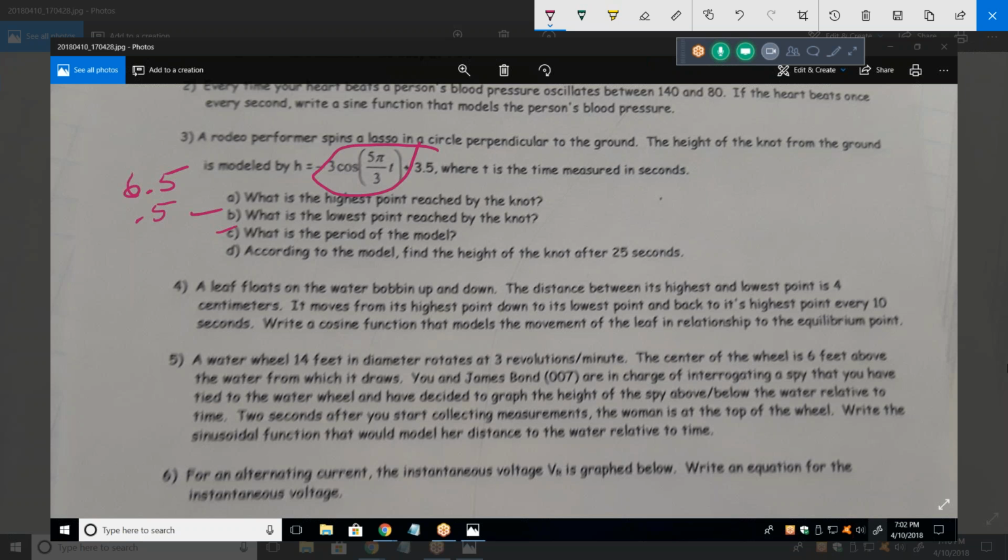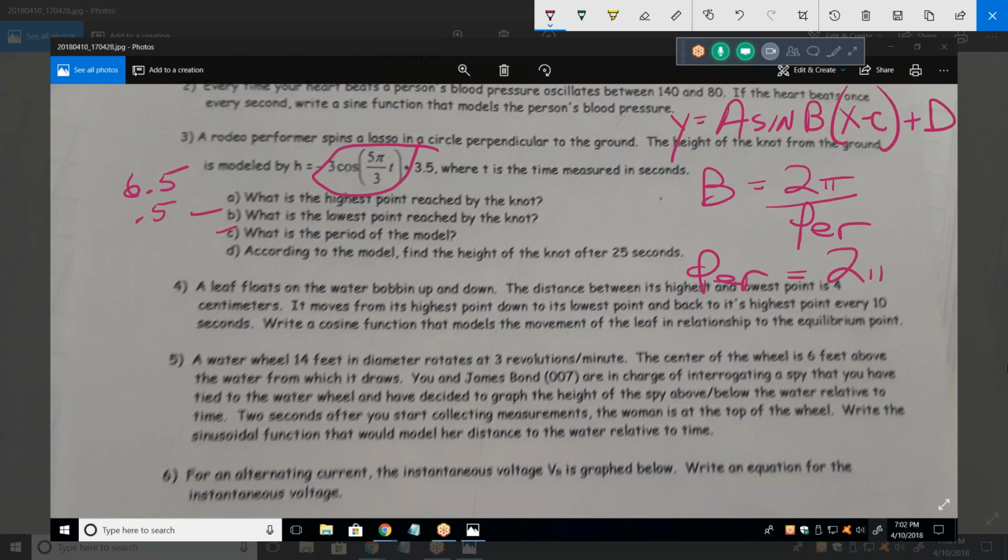Now, all you have to do is take that. If you remember that y equals a sine of b times x minus c, plus d, you've seen that? Yep. Well, b is 2 pi over the period, which makes the period 2 pi over b. Right. In this case, what is b?